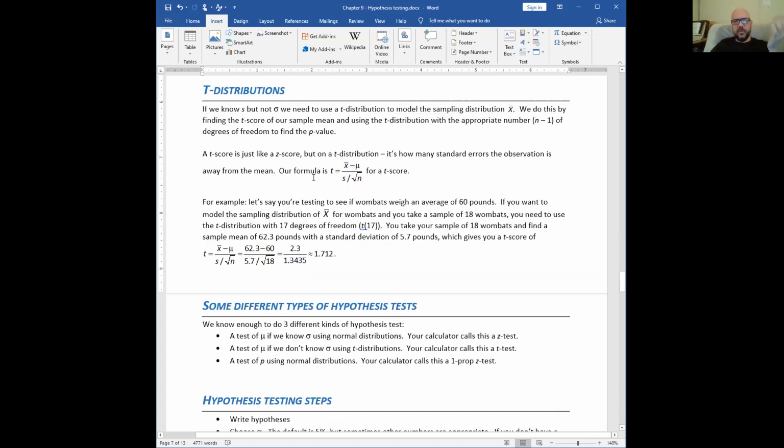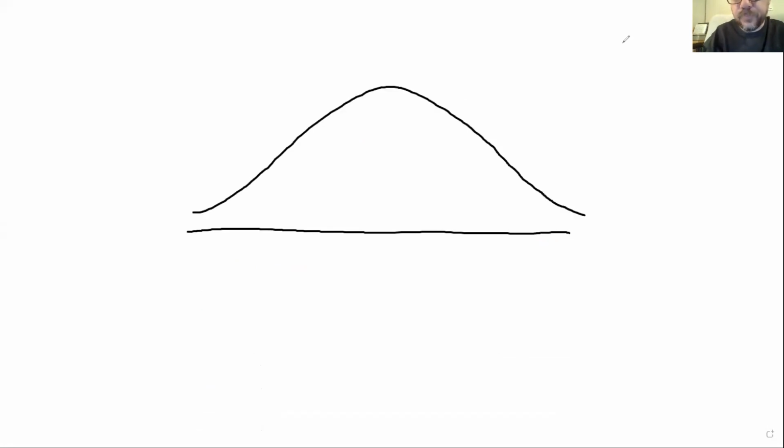Let's go ahead and just draw a picture here. T-distributions are meant to model the standard normal distribution. And so here's some t-distribution. A t-distribution is all possible t-scores from a particular population.